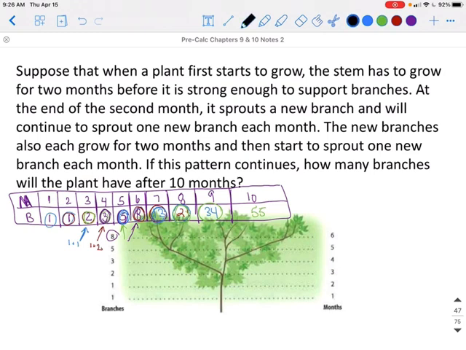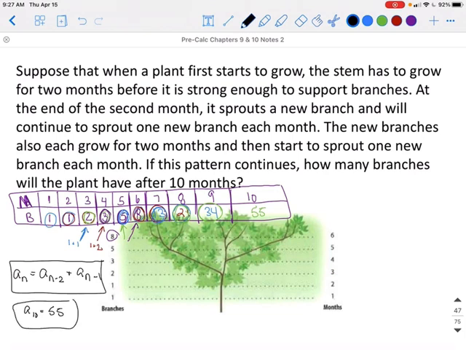So the equation that they're using for this, to find our value, they're taking the value of 2 behind it and adding it to the value that is 1 behind it. So this is our recursive formula. It says take the two previous terms, add them together to get our new term. And if we do that, the a sub 10 we found was 55.